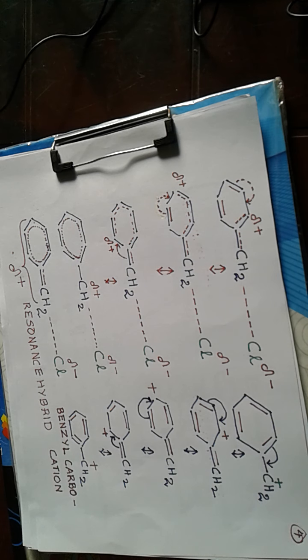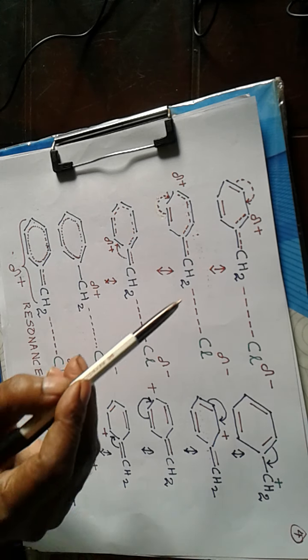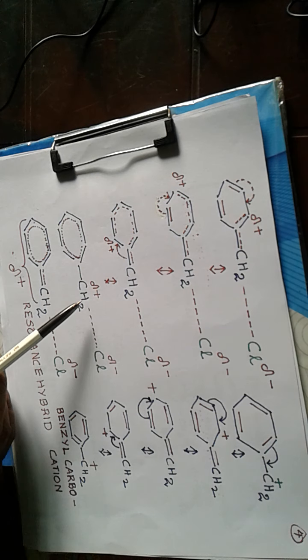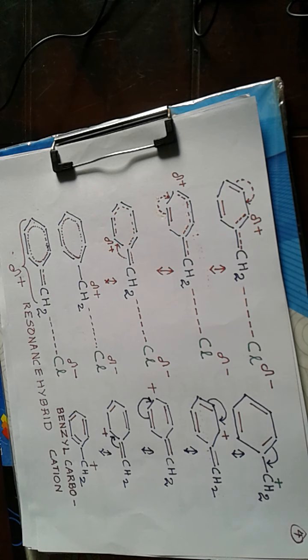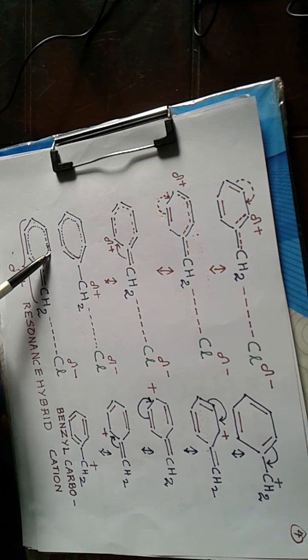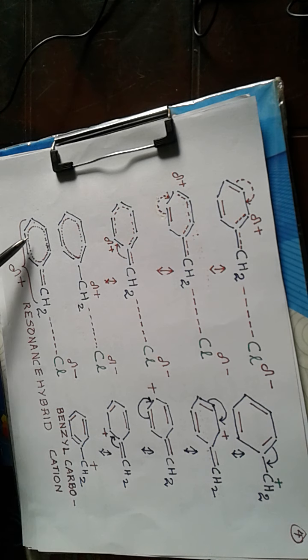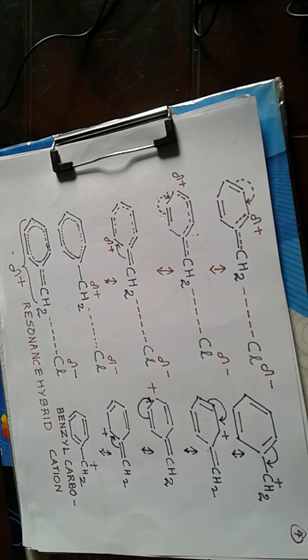So there is delocalization of the positive charge, and that is again due to delocalization of electrons, and it is an extended conjugation because this carbon is also involved in resonance, so that the length of movement of the electron pair increases from the 6th to the 7th carbon, so that there is a decrease in potential energy.